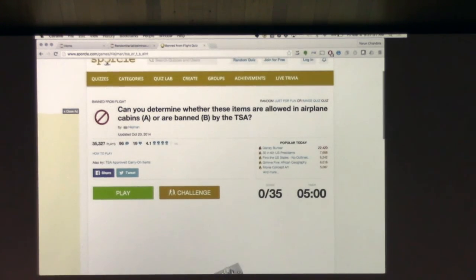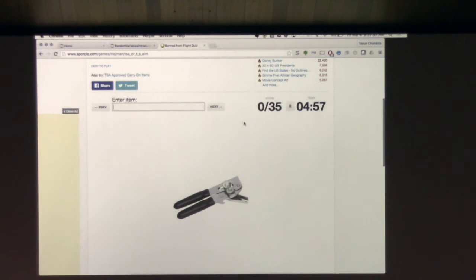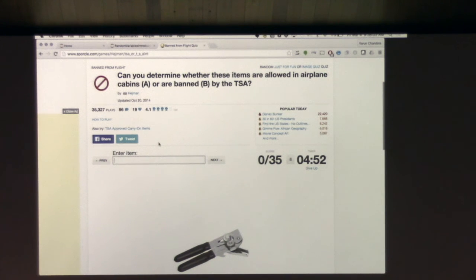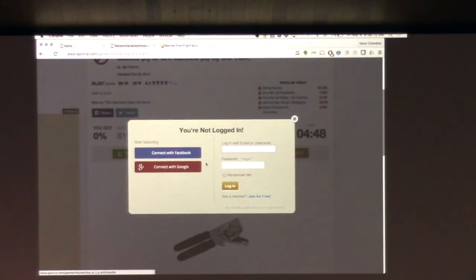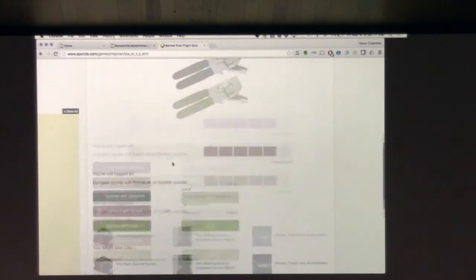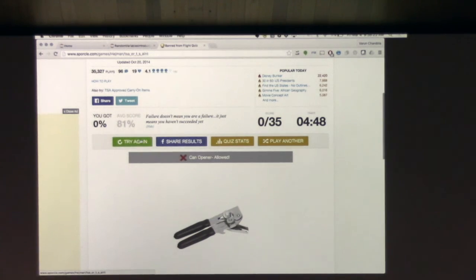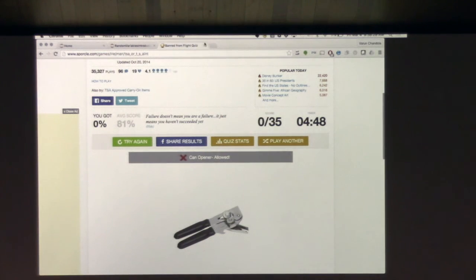But the good part about this is that if you play it, and we won't play it, somewhere you could give up. What this also shows is how other folks did on this particular quiz. They seem to have changed it. Quiz stats. Maybe next time I'll show it to you.